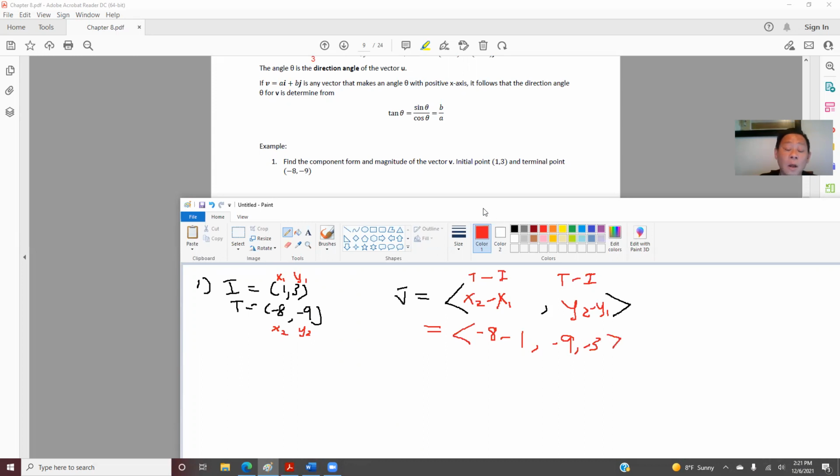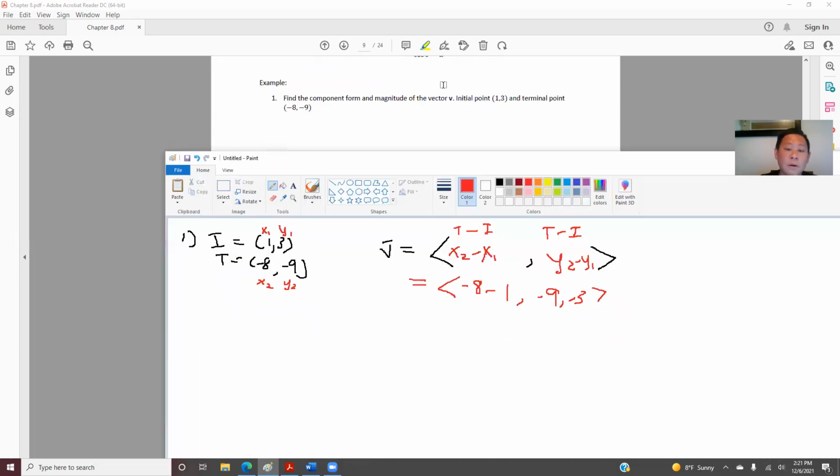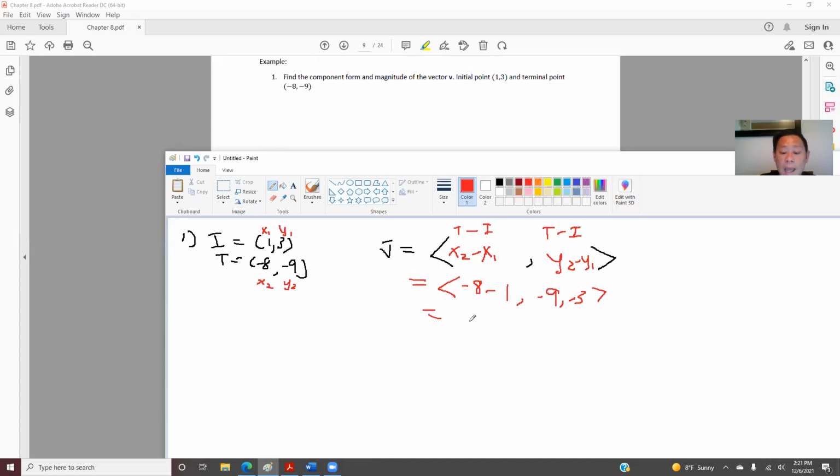Then you just figure it out using your calculator. This is -9 and -12. So this is vector V. Vector V in component form is (-9, -12).